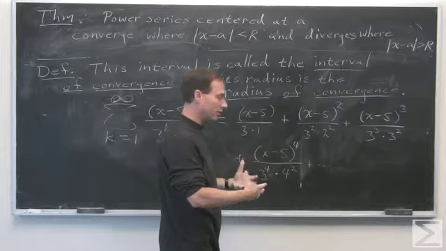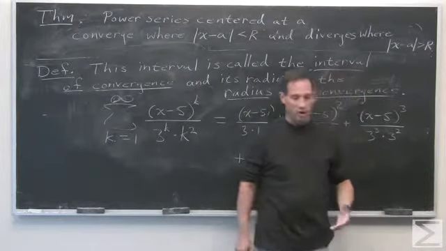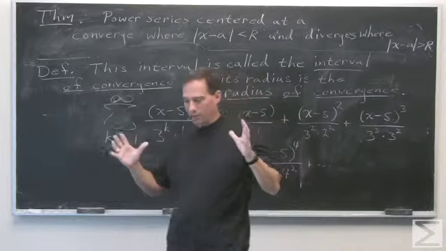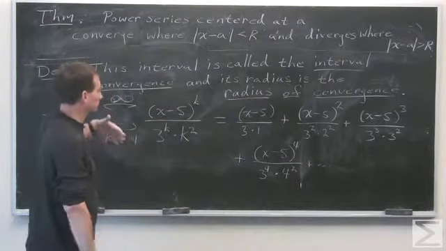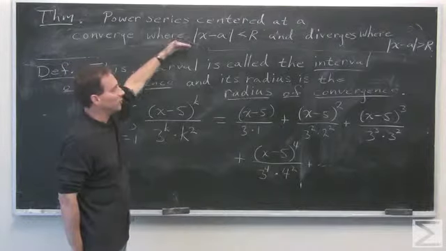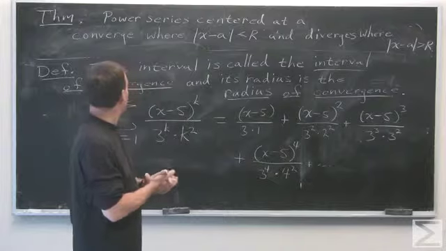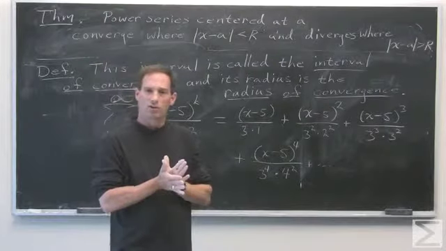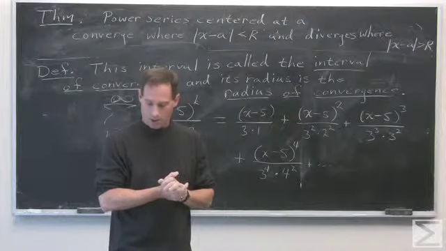That means you're on the interior of the interval of convergence. Absolute value of x minus a greater than r means you're outside the interval of convergence and its endpoints. So this is another, very useful formulation of the same theorem, that power series functions converge precisely on an interval centered at a. All right.